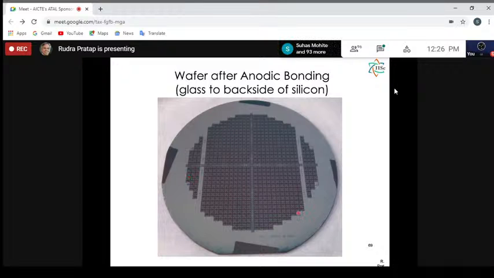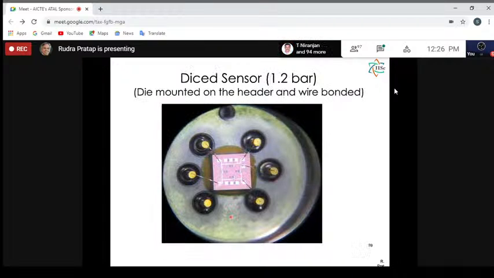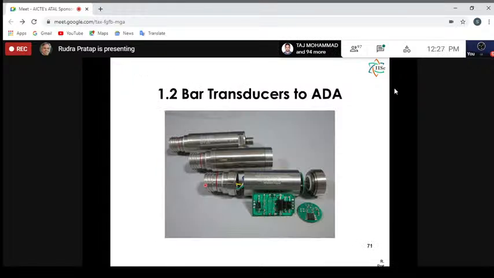So on a wafer, we make so many of these pressure sensors. You take one of them and you attach it on a header. Then it looks like this. Do wire bonding, and after that you package it and put it in a casing along with electronics. It becomes a product.